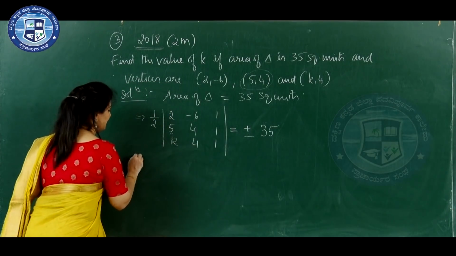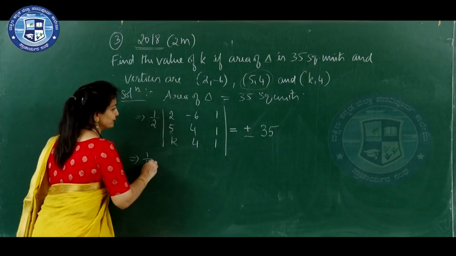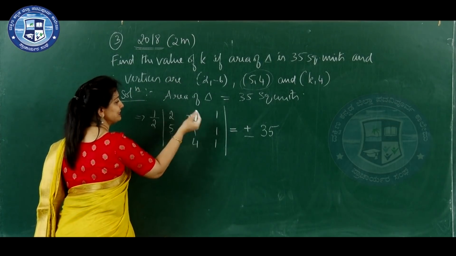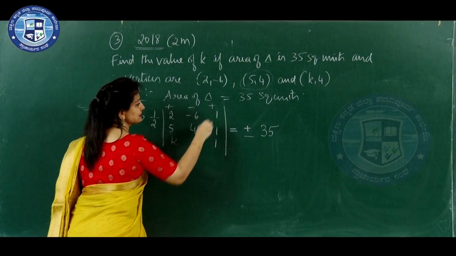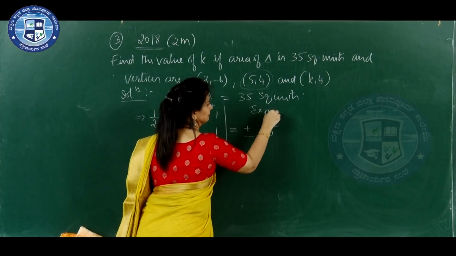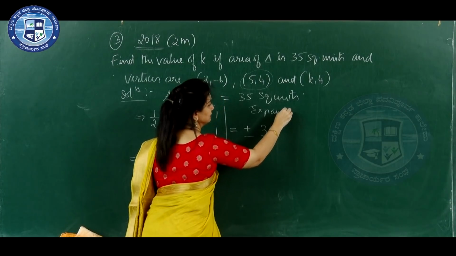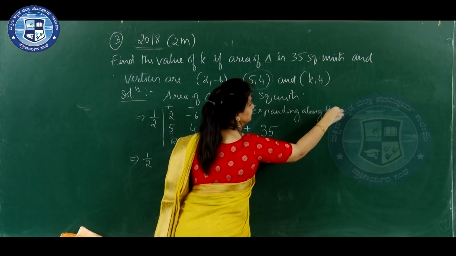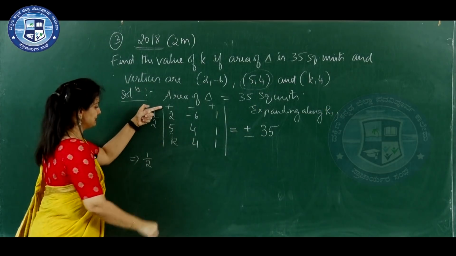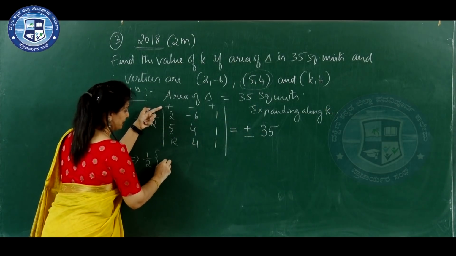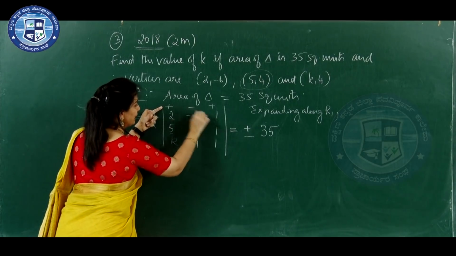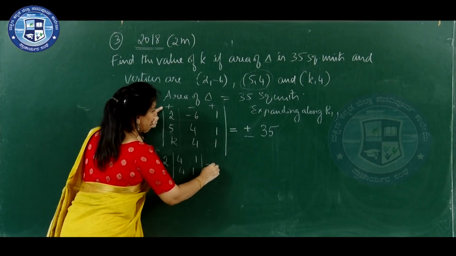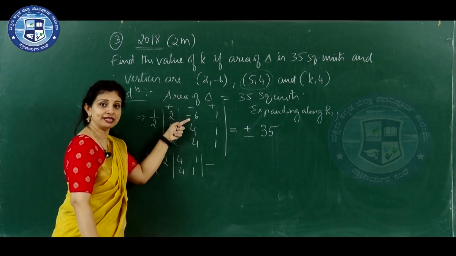Implies half into, expand it along any row or any column, expanding along the first row R1, signs plus minus plus. This is half into plus 2, delete the row and column and we get 4, 1, 4, 1, minus of the element minus 6.